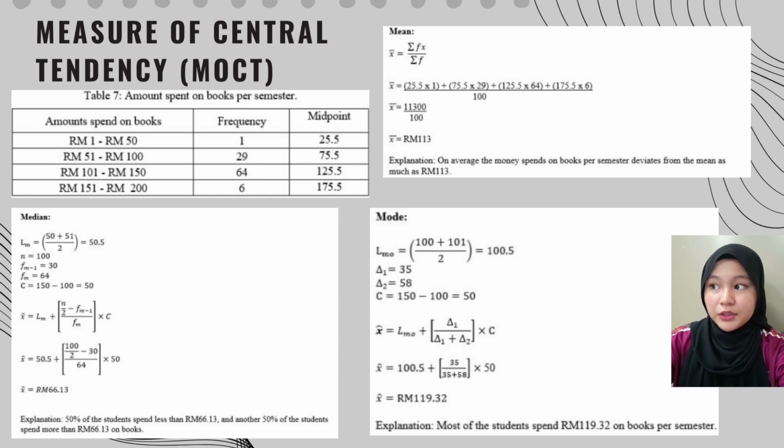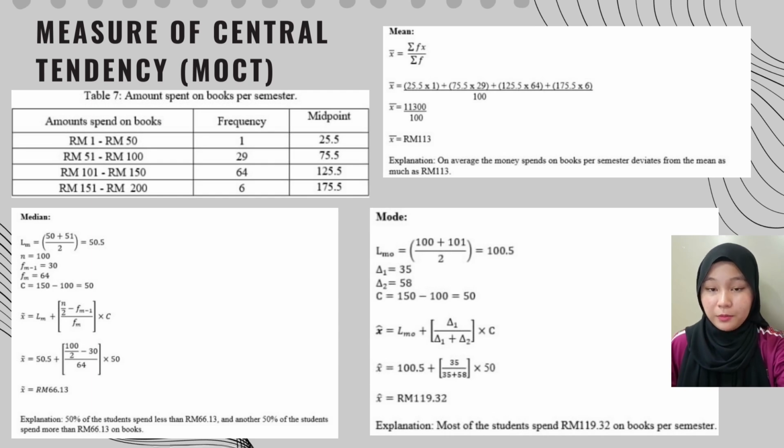of central tendency, MOCT, measure of dispersion, MOD, and then determine the shape of the distribution. First of all, we're going to calculate the mean, and we got the average money spent on books per semester. The data deviates from the mean as much as 130 ringgit.